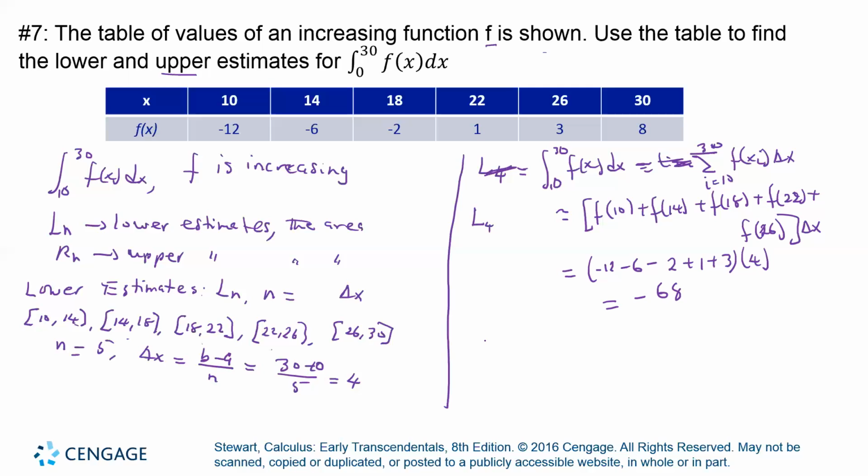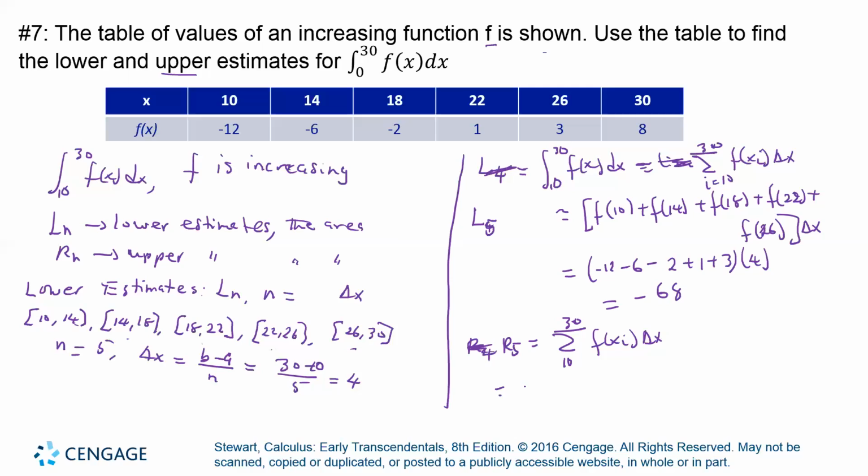And then if you do the R5, it's 5, not 4. This is also summing from 10 to 30 of f of xi times delta x.